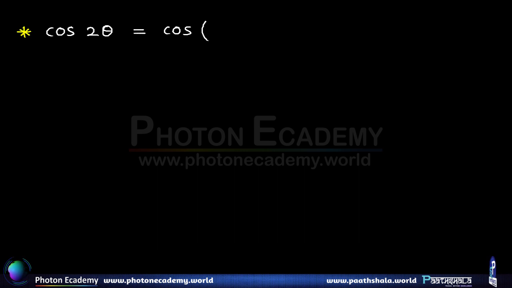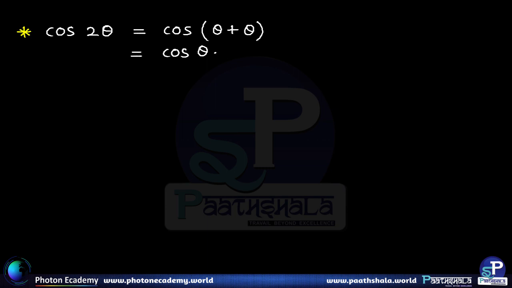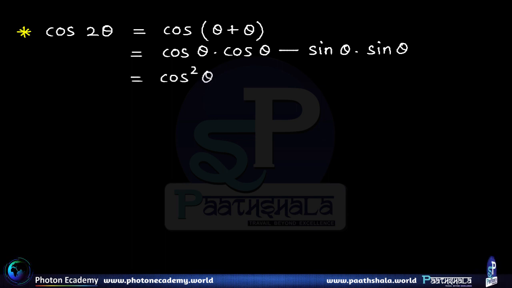Initially we write 2 theta as theta plus theta like we did for sine. So using the formula for cos of a plus b, we can write cos a cos b, that is cos theta into cos theta, minus sin a sin b, that is sin theta into sin theta. So clearly that can be written as nothing but cos square theta minus sin square theta.